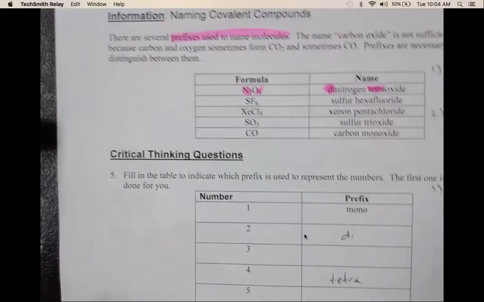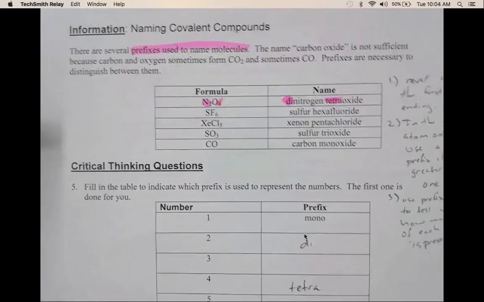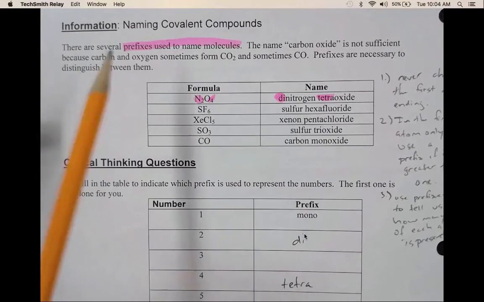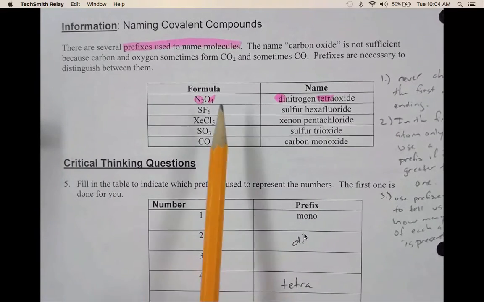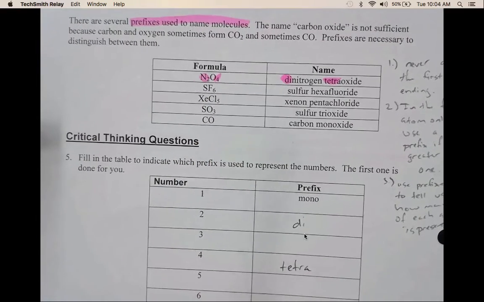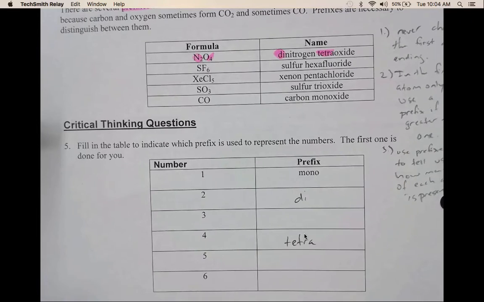So next, we are looking at some stuff about naming covalent compounds. When we name covalent compounds, we use prefixes. When we are looking right here, we can see how to use the prefixes. So the first thing to do is to figure out the prefixes. I highlighted the prefix and the subscript to help you.